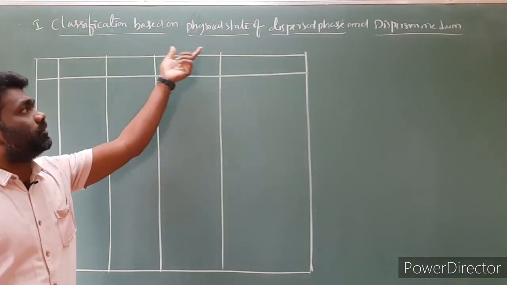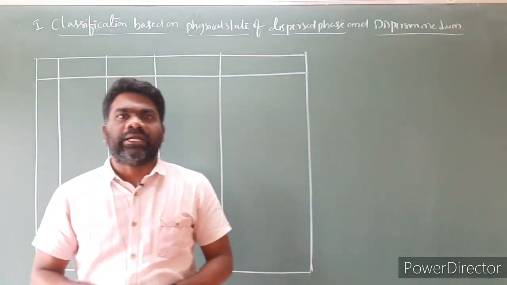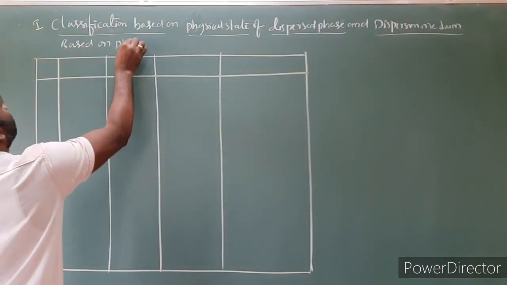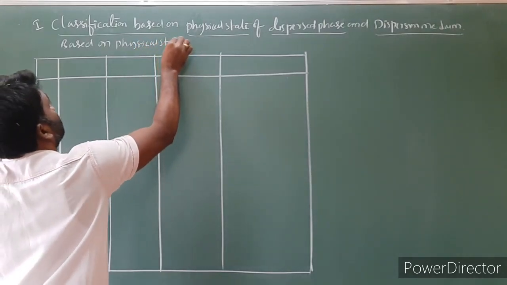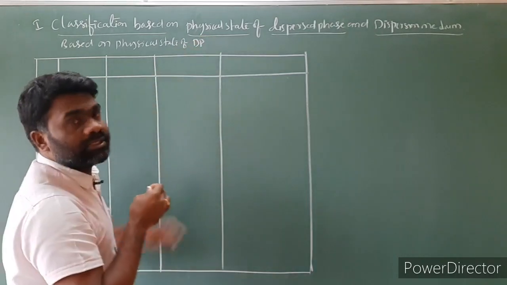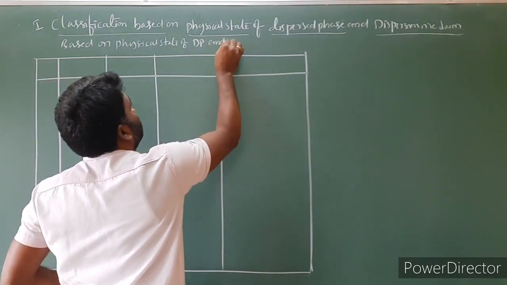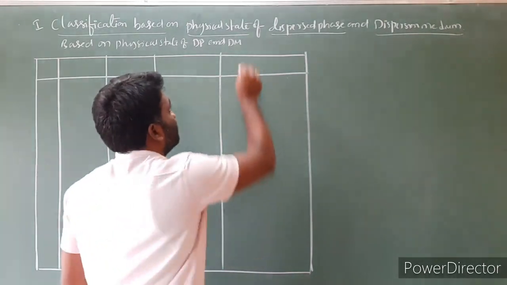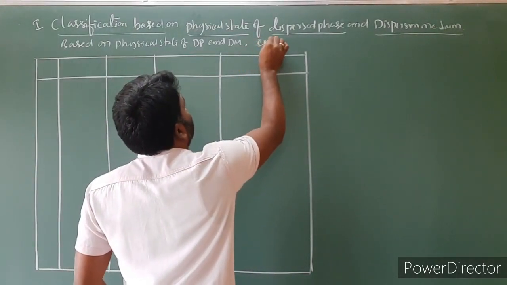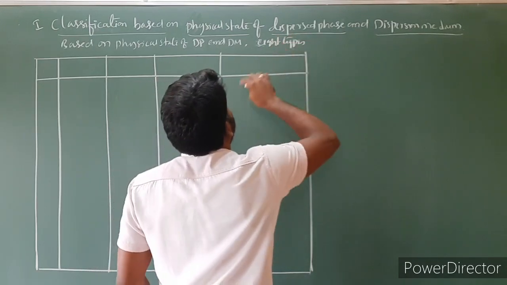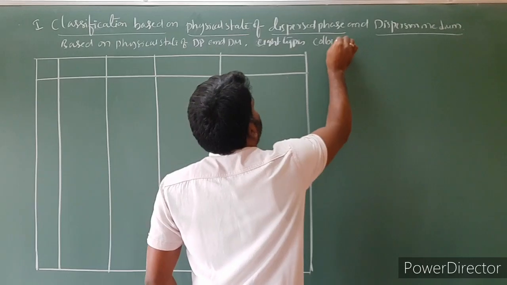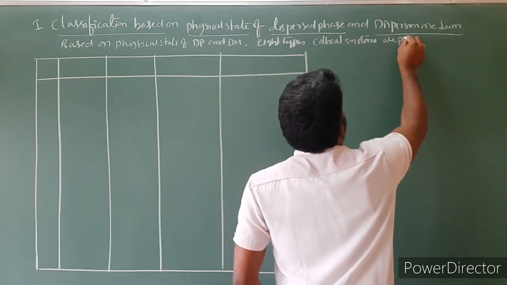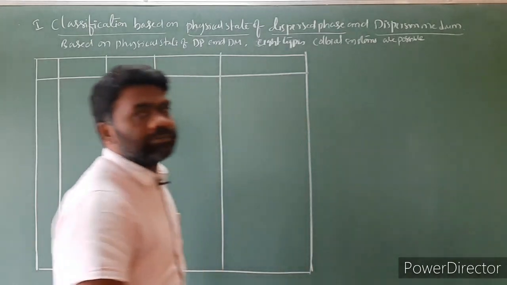Based on the physical state of dispersed phase, which I am writing as dP, and dispersion medium, which I am writing as dm, 8 types of colloidal systems are possible.